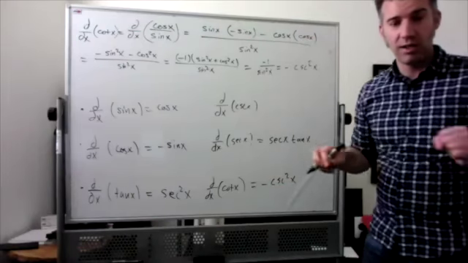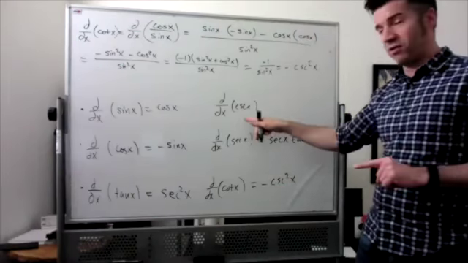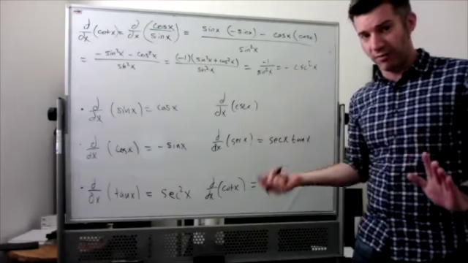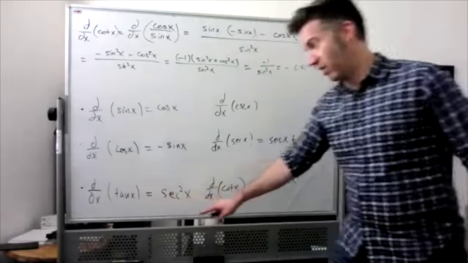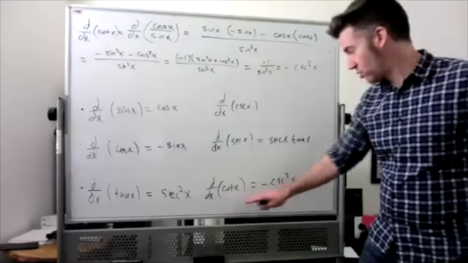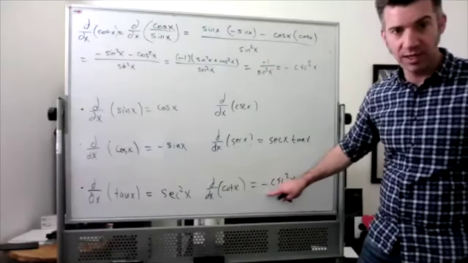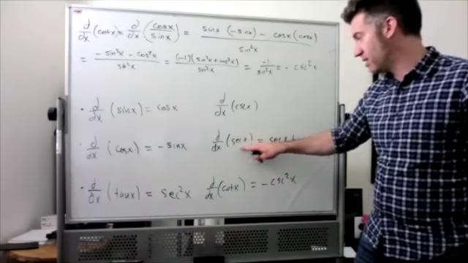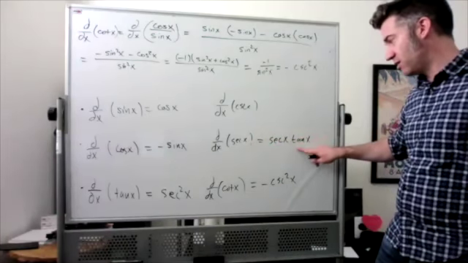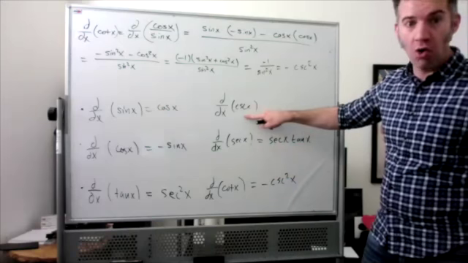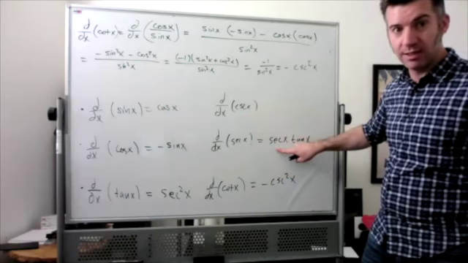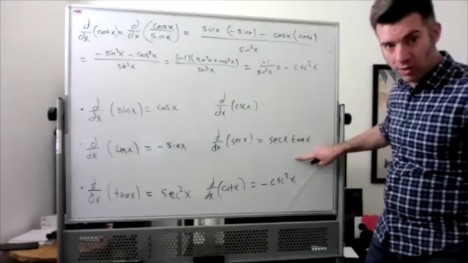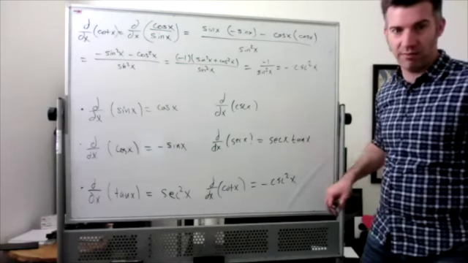We're going to find the derivative of cosecant, but let me prepare everyone for what it's going to be. Just like how the derivative of tangent was secant squared and the derivative of cotangent was cosecant squared with a negative sign, if the derivative of secant is secant times tangent, the derivative of cosecant is going to be cosecant times cotangent with a minus sign in front.